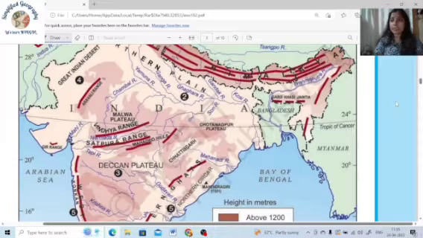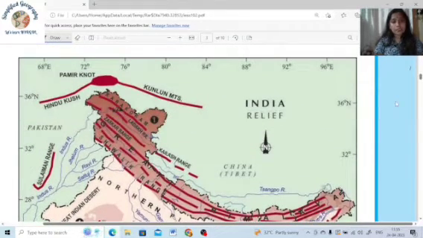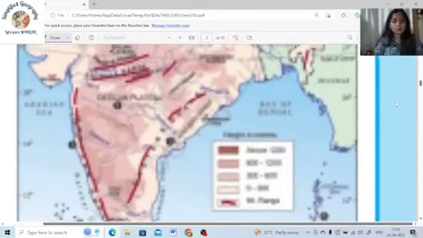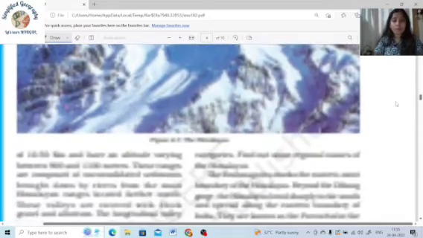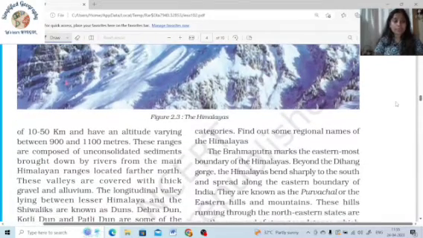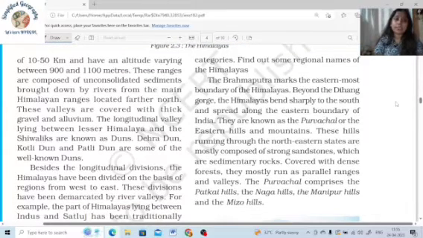Again you can see the map of the Shiwalik range here. Here is the Shiwalik range: the Great Himalayas, the Lesser Himalaya and the Shiwaliks. Maps are very important to understand this chapter. Without a map, you are unable to understand this. So always keep your atlas open while learning this chapter.